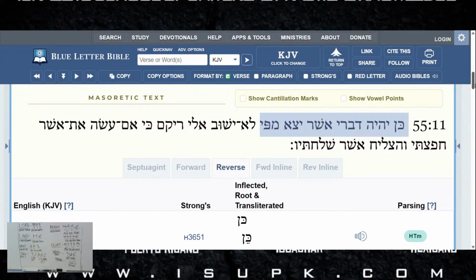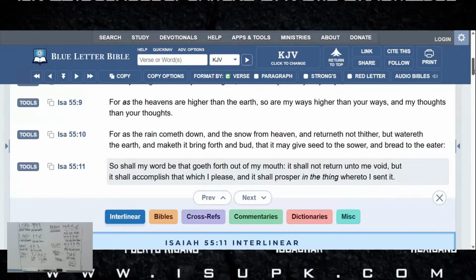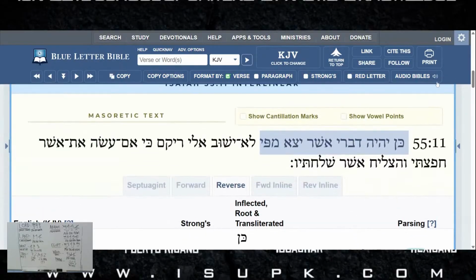Let's go back into the English and let's see what it was saying. It says, so shall my word be that goeth forth out of my mouth. So now let me break this down to you. So is kun, shall it be? Shall it come to pass? Shall it be? The verb to be, right? Is right here. It is.